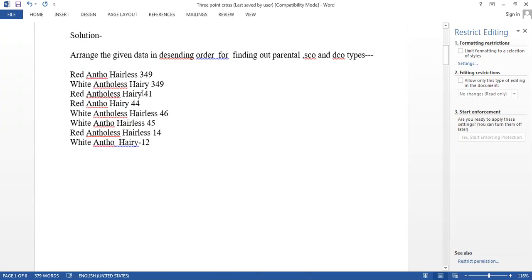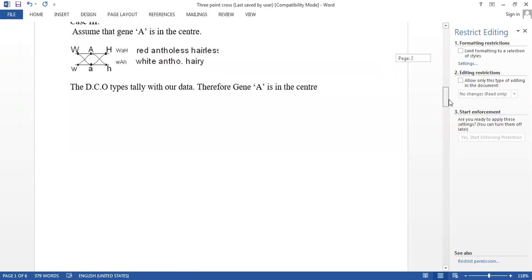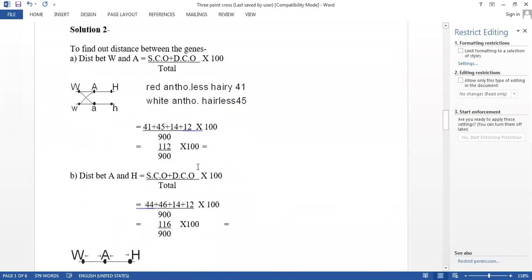Similarly, the second single crossover, small w stands for white, capital A stands for anthocyanin, and H stands for hairless. In the data, this combination is 45. Now, the single crossover between these two genes is 41 plus 45.